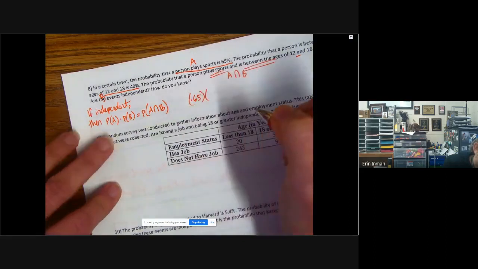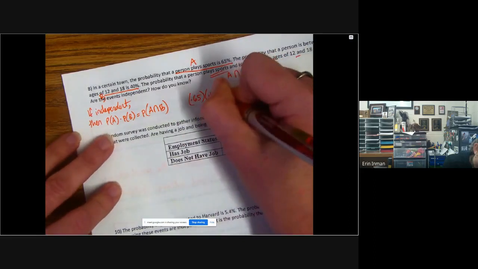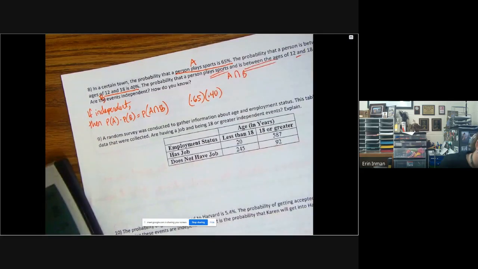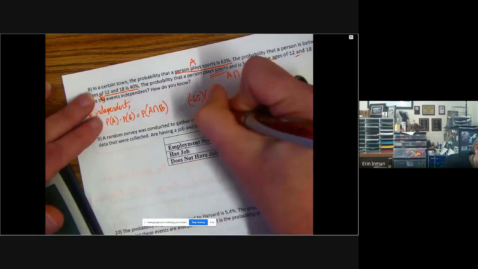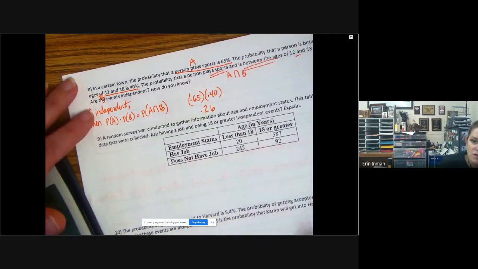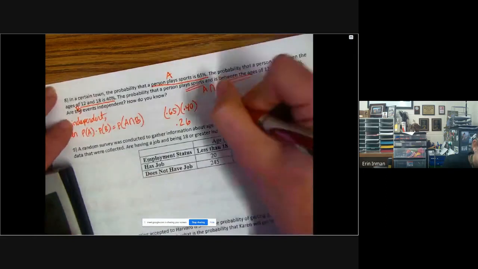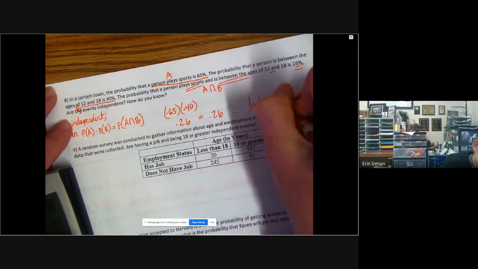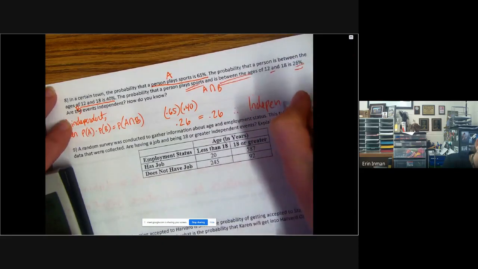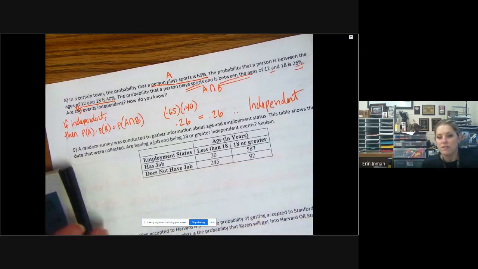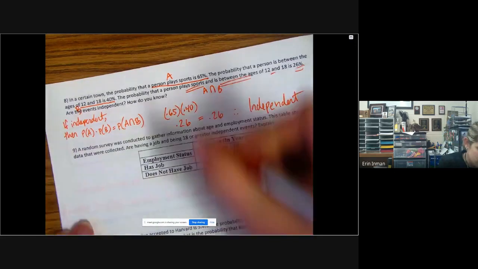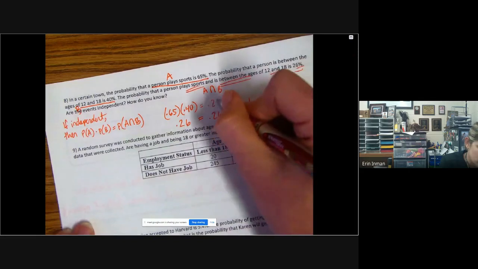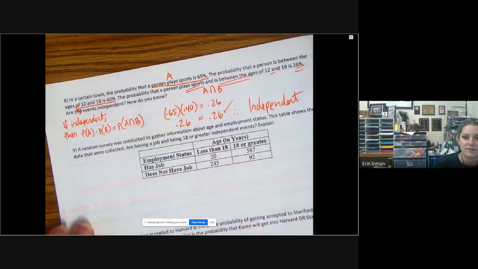The probability of B is 0.4. So if I multiply these together, I get 0.26. And look what happens right here. This equals 0.26. Therefore, these are independent. I-N-D-E-P-E-N-D-E-N-T. There we go. And yes, this checks.